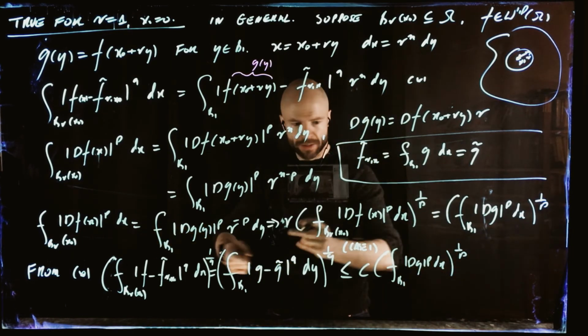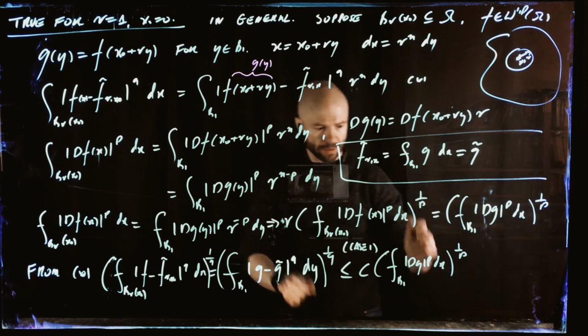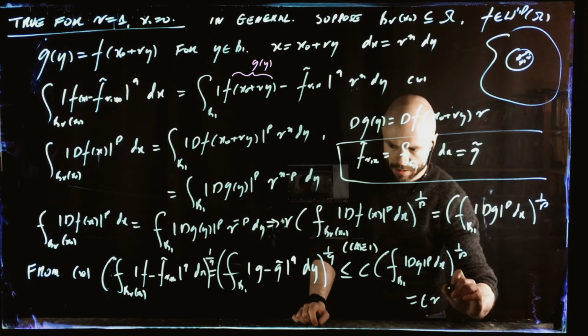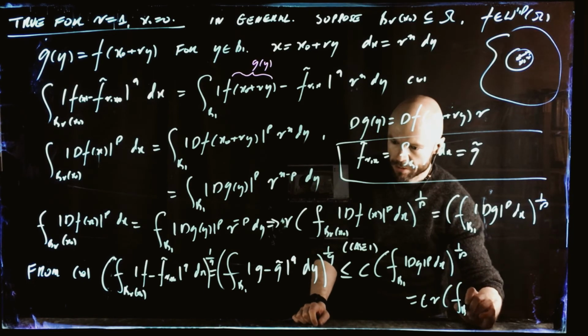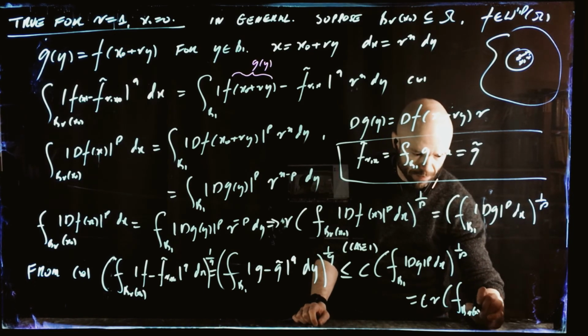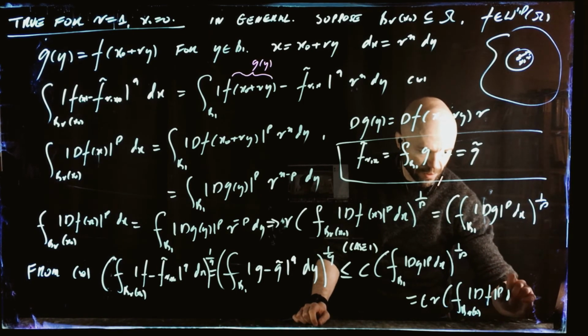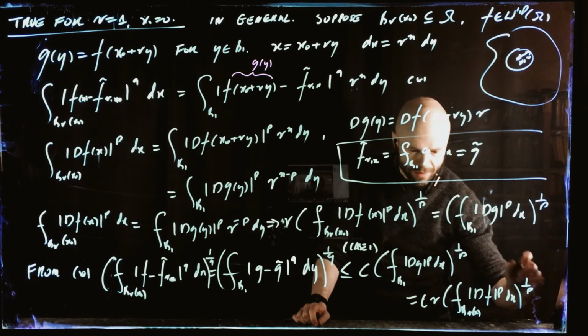And then by this equality, this is the same as a constant r times the integral over the ball of radius r, x0 of the gradient of f to the p, dx, to the 1 over p. And that's our result, right?